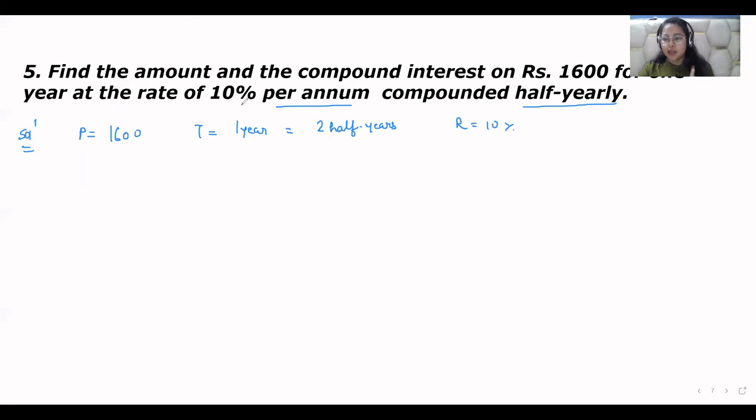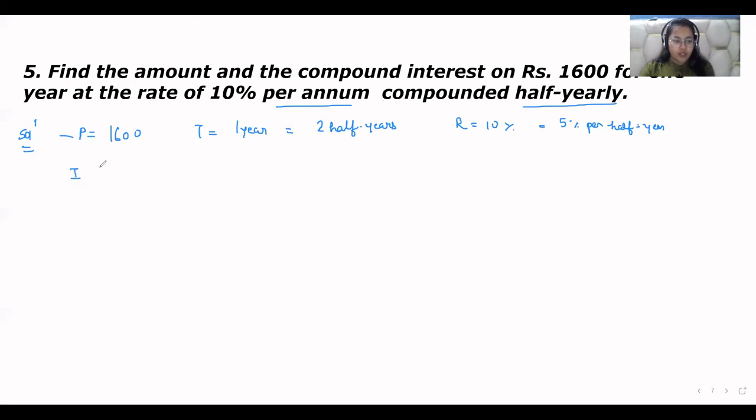So the rate of interest 10% becomes 5% per half year. I hope it's clear. If the rate of interest is given half yearly, then you have to change your time in half. And if the time is given in terms of half yearly, then you have to change your rate of interest according to that. These both depend on each other.